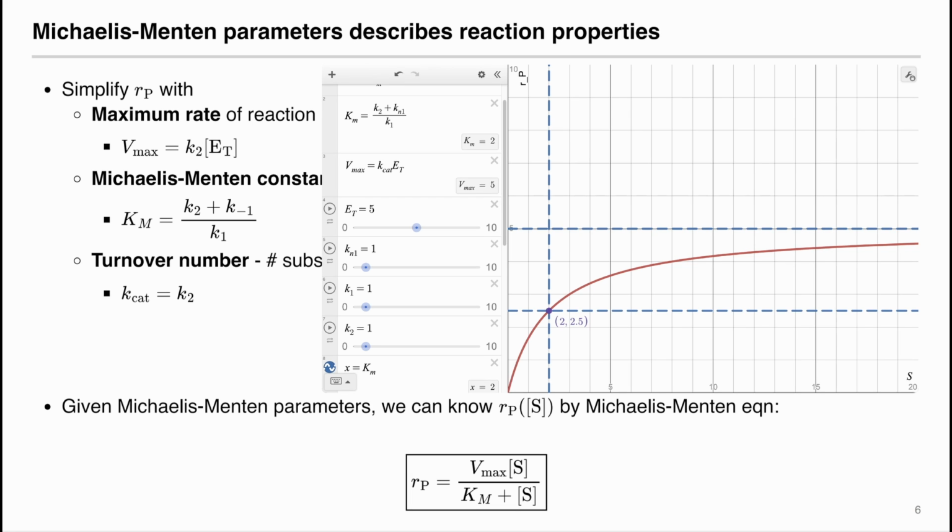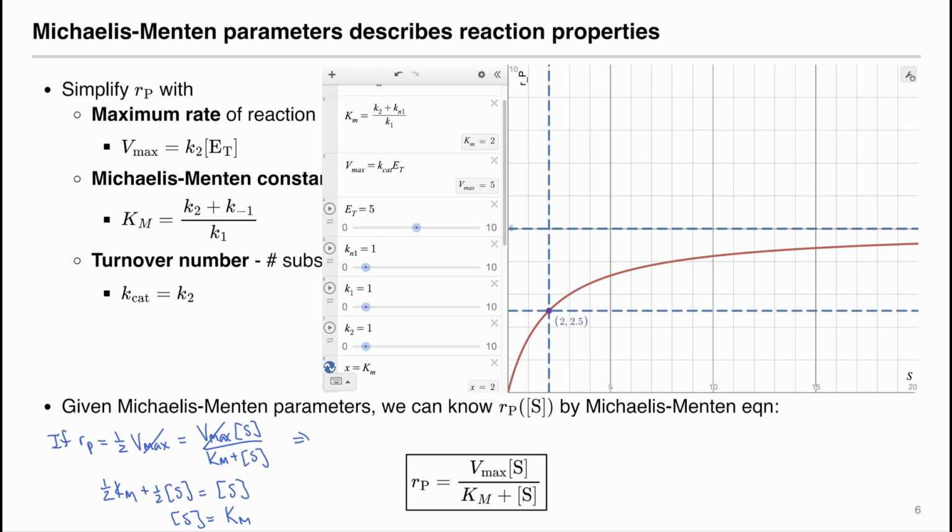We can derive that by looking at the half maximum point. If the rate of production is equal to half maximum, then we can equate it with Vmax S divided by Km plus S. The Vmax cancels out, so we have 1/2 times (Km plus S) equal to S. We solve for S, and we have that S equals the Michaelis-Menten constant.